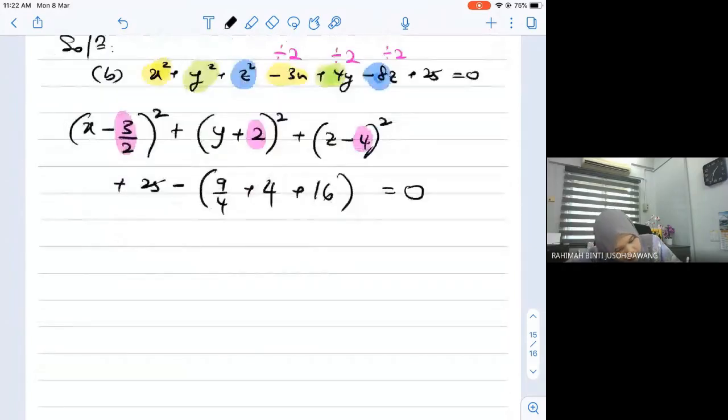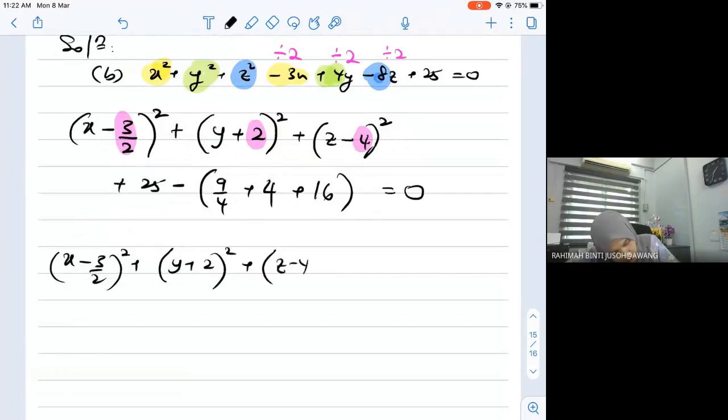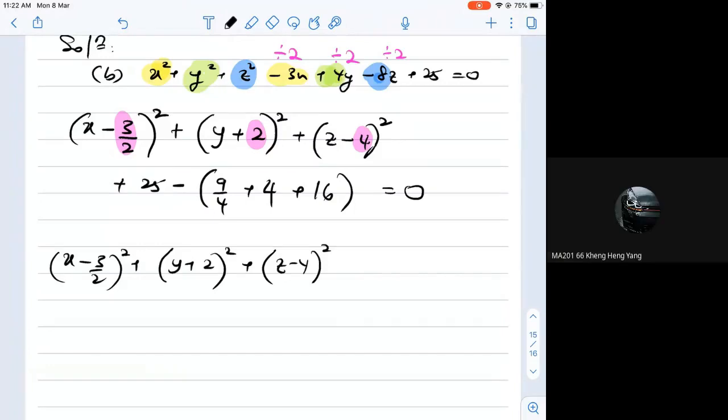So solve it. x minus 3/2 squared plus y plus 2 squared plus z minus 4 squared equals to, what is this? 25 minus all of that. Try calculating. 25 minus 94 gives negative 11/4.